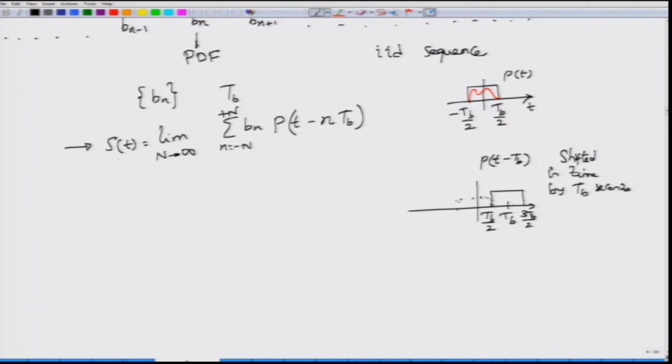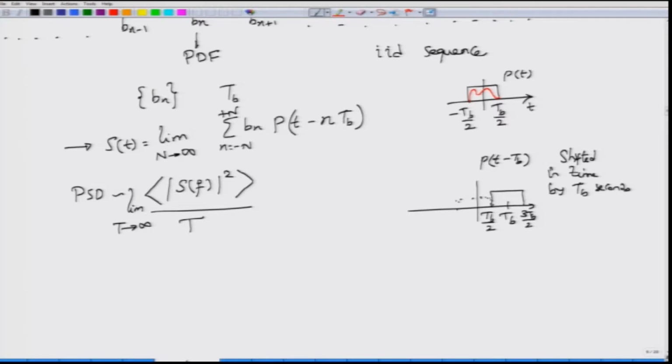Now, the power spectral density is defined as the magnitude square of the Fourier transform of this time limited signal, which is then averaged and divided by the total duration of the pulse train, and you let this total duration go to infinity.